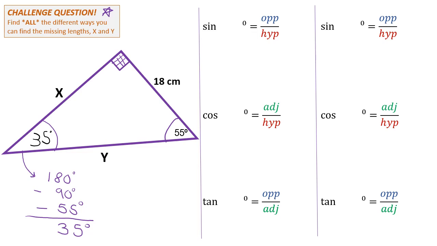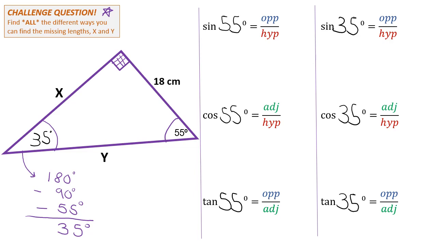So over here on the right, I'm going to fill in all of these angle measurements that we're looking at. So sine, cosine, and tangent of 55, and also sine, cosine, and tangent of that 35 that we just found. Next, what I'm going to do is continue to fill in the ratios. So let's first work with the angle 55 here.